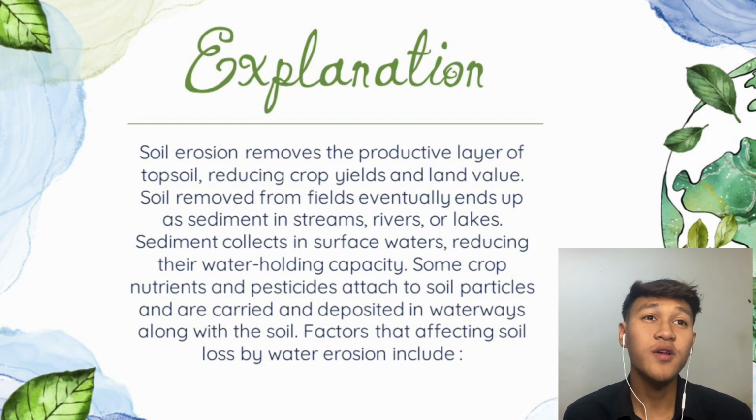Soil removed from the field eventually ends up as sediment in the streams, rivers, and also the lakes. Sediment carries nutrients and pesticides attached to the soil particles and deposits them in waterways along with the soil.